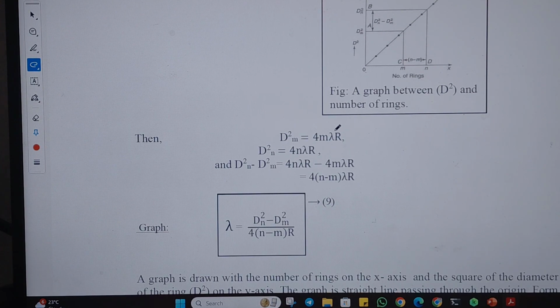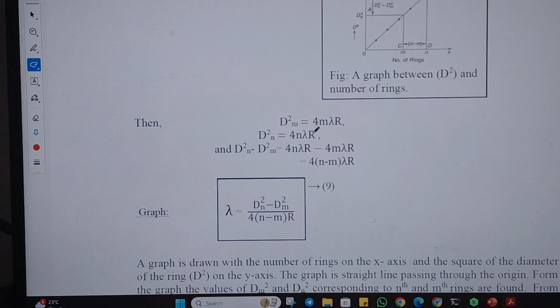Between these, we have n minus m, and Dn square minus Dm square. The mth ring gives Dm square equals 4m lambda R, and Dn square equals 4n lambda R. Both the mth ring and nth ring we are calculating.